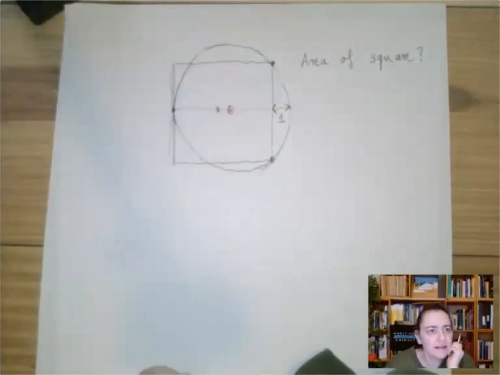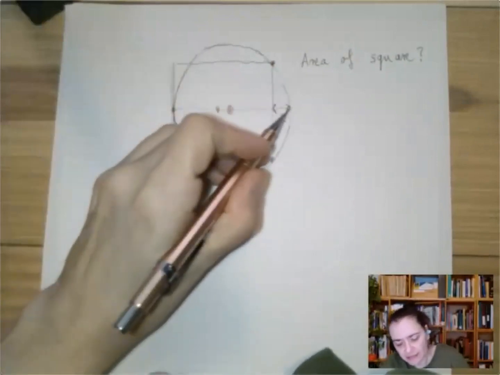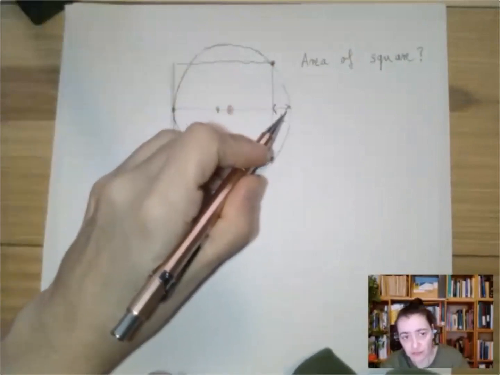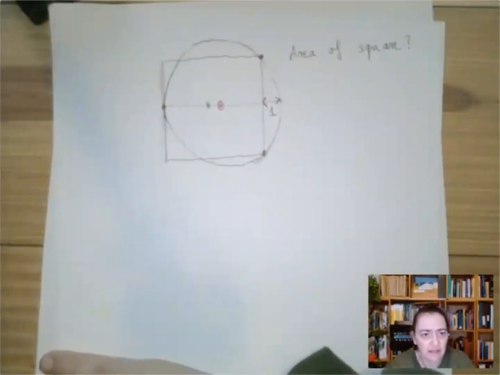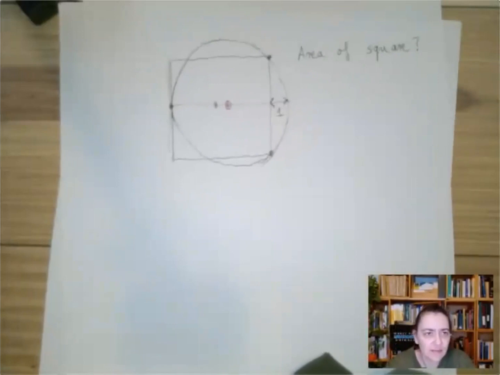Okay. And so what we know is that this difference here is 1. And in exchange for that information, we need to know what the area of the square is, which is pretty much the same as the side of the square. So we should first use all the information that is given to us.